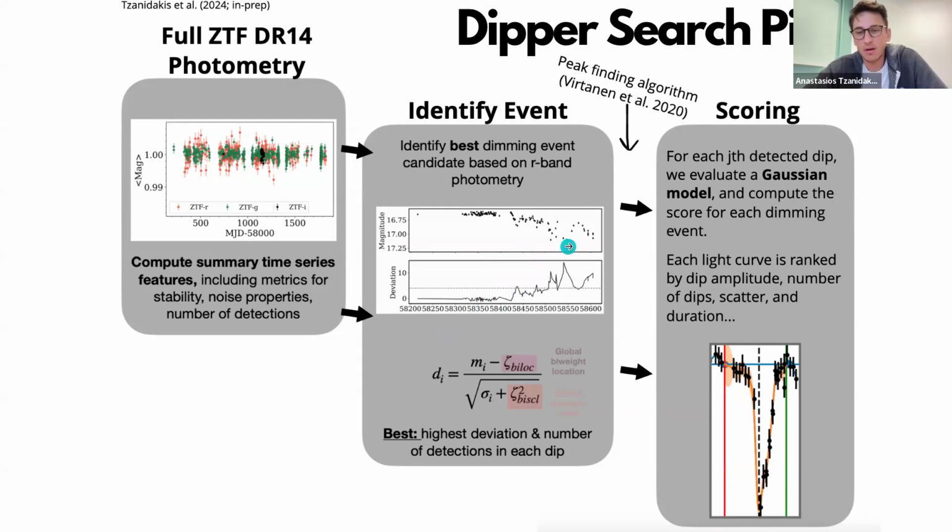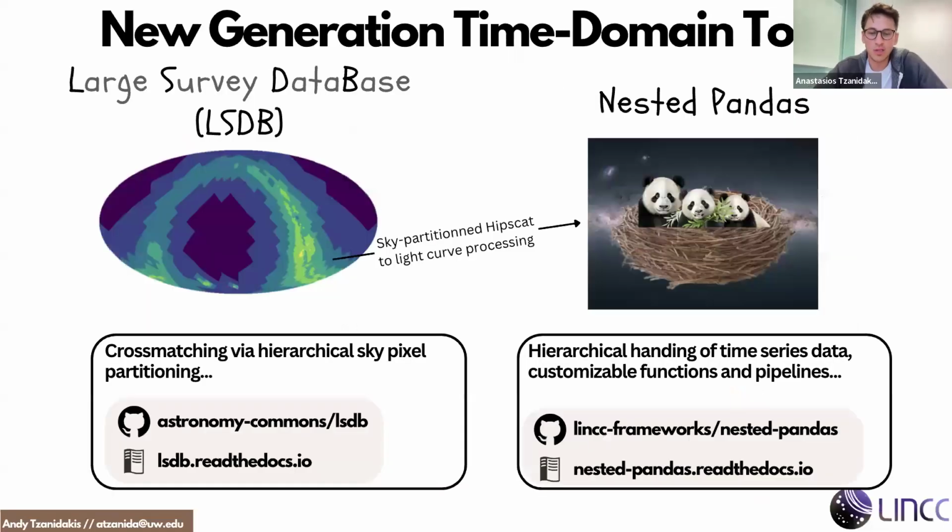We would identify those, and then we would fit them using a Gaussian, and then assign a score to each light curve that would tell us basically the strength of a dipper if it's present in the light curve. So really, in reality, what we're doing is computing a bunch of time series features for all of these stars.